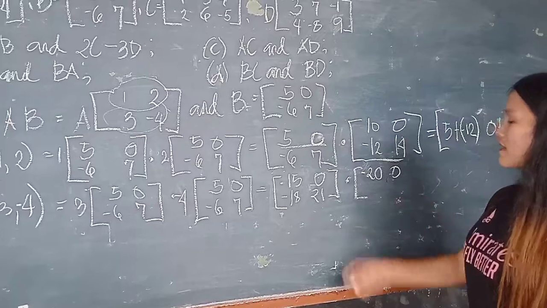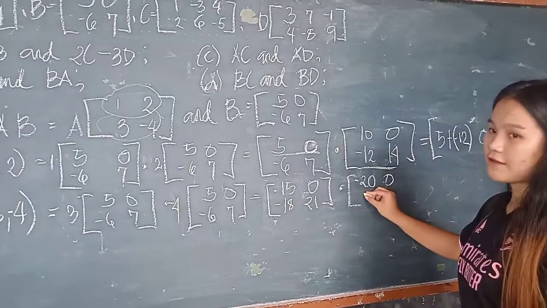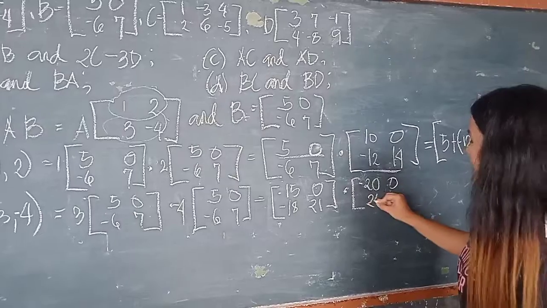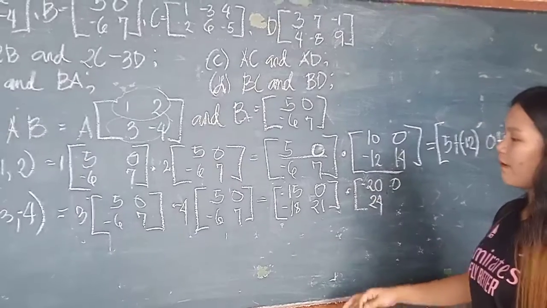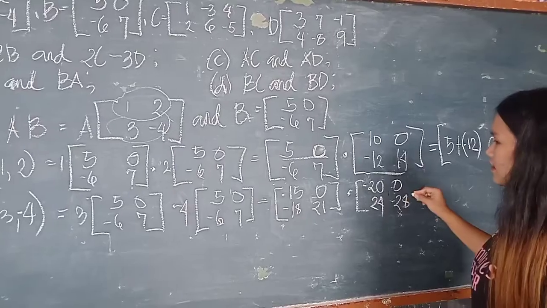And negative 4 times negative 6 equals positive 24, and negative 4 times 7 equals negative 28.